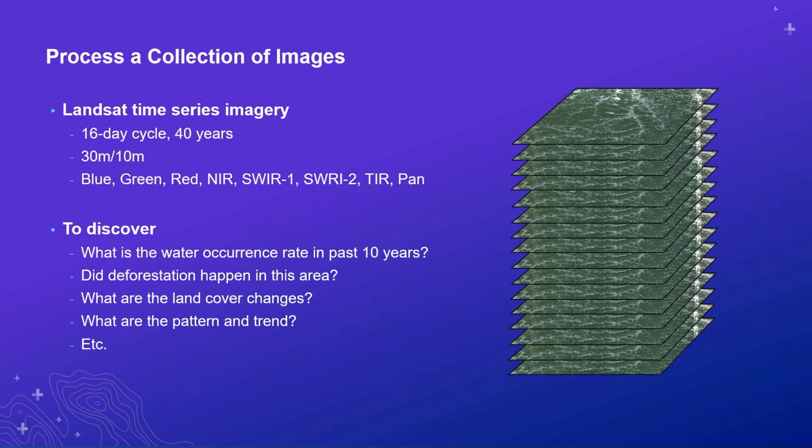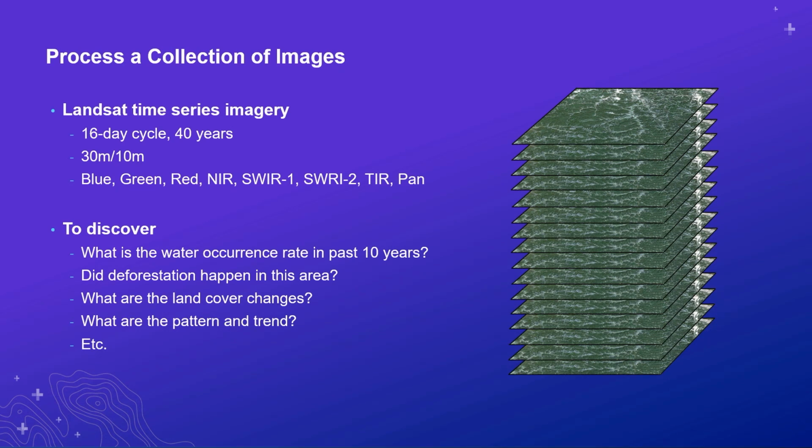In many cases, you want to work with a collection of images. The Landsat archive has about 40 years of data with a 16-day interval and many bands, which allows you to extract information. With this amount of data, you actually get a lot more information than a single image could provide.